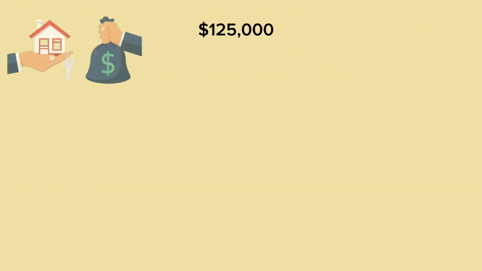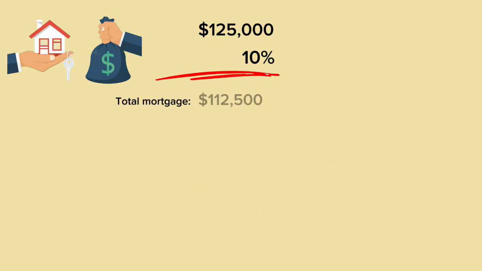So in this video, I'm going to show you how to evaluate a cash flow property and how cash flow works. Let's say you bought a house for $125,000, and let's say you put 10% down payment, which is going to lead to a total mortgage of $112,500.